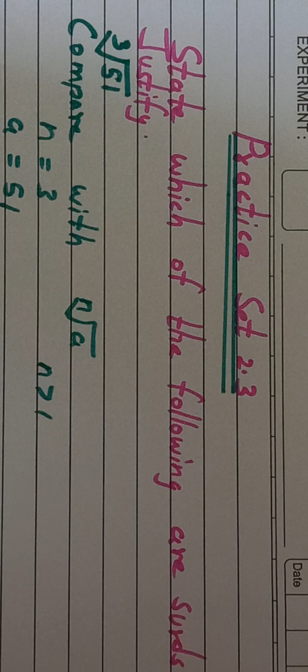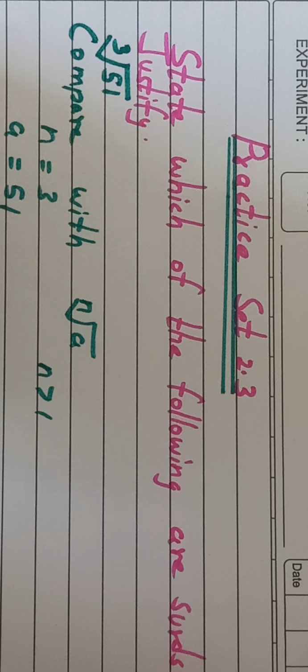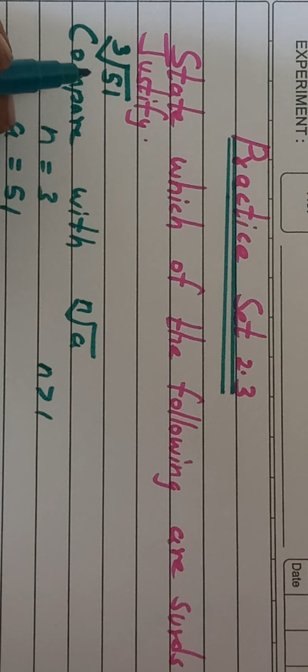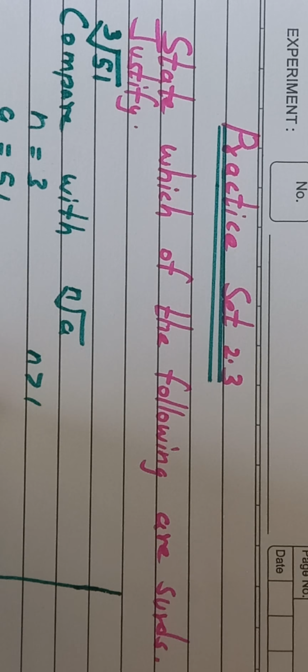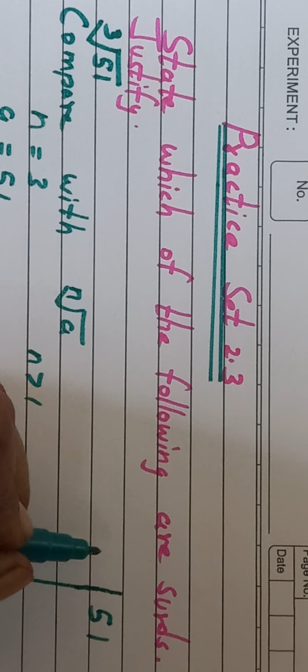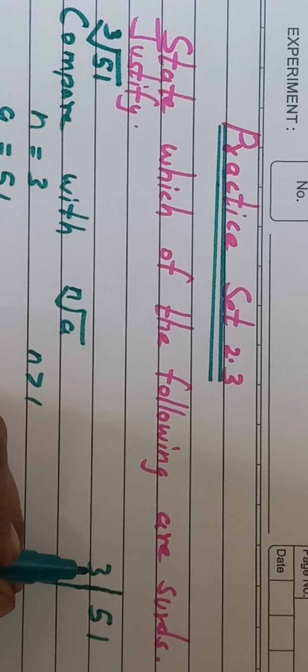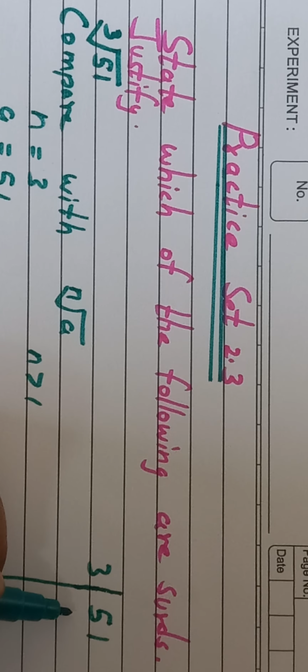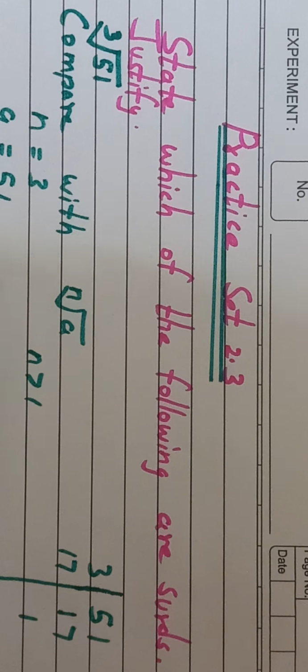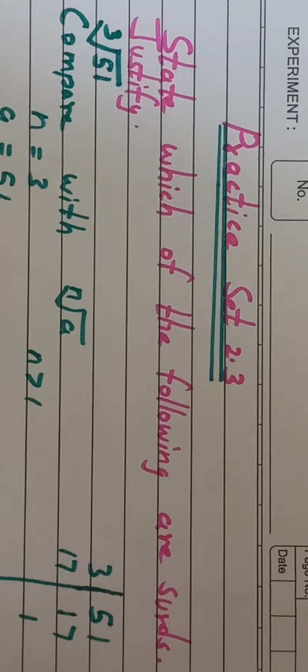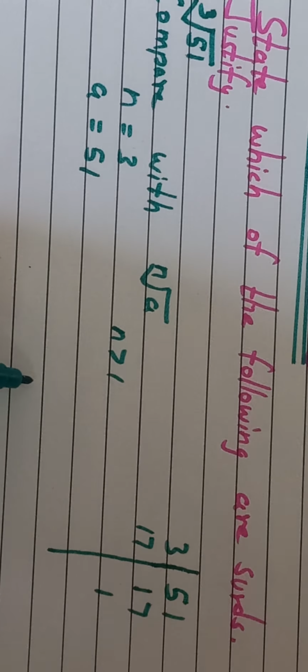Very importantly, we need to simplify this. When we simplify 51, if you take the prime factors, then you will not go wrong. If you take 51, you know 3 is a prime number. 3 1s are 3, 3 7s are 21, and 17 1s are 17. So I can write it as cube root of 51.